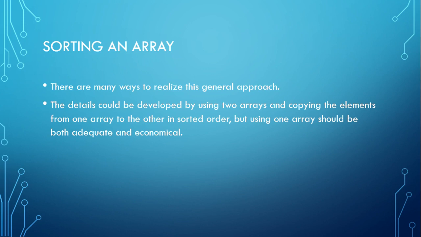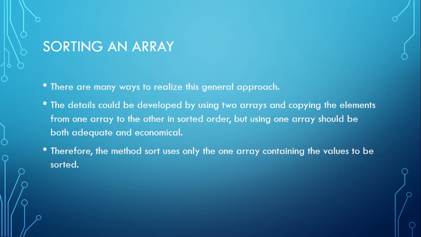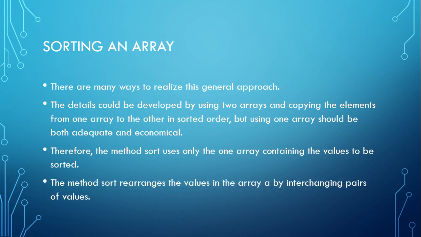But that's not really economical because it's creating a whole other array, and that's not what we want to do. Therefore, our method sort uses only one array containing the values to be sorted. The method sort rearranges the values in the array A by interchanging pairs of values.